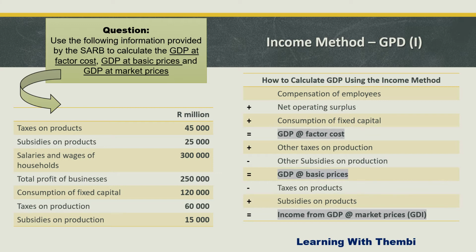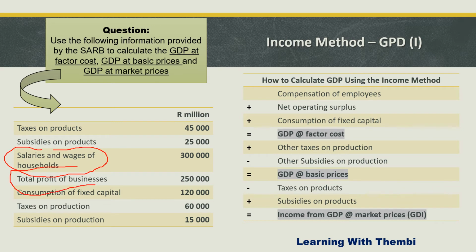So the formula that I have provided is the formula you use to calculate the income method. We said you will add the compensation of employees, and by compensation of employees, we are referring to the salaries and the wages of households. Then we've got net operating surplus, which we said refers to the profit of businesses.